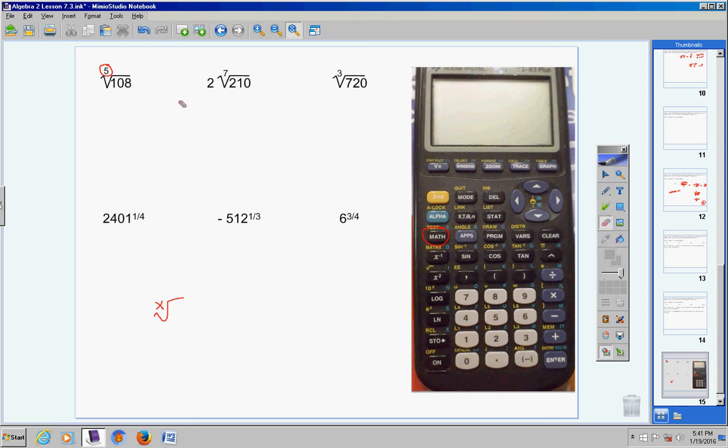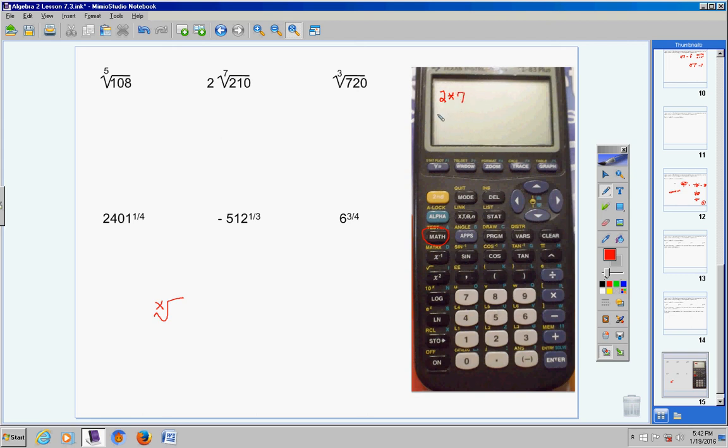Now, let's go on to a more difficult one, because now I've got a 2 out here and a 7 right here. So what do we do? Well, a 2 next to the radical means times, okay? So, first of all, you want to hit 2. Go ahead and type 2 into your calculator. Then hit times. And when you hit times, this will pop up right here, okay? Then you want to type in a 7. So go ahead and hit 7. And this will pop up, okay?